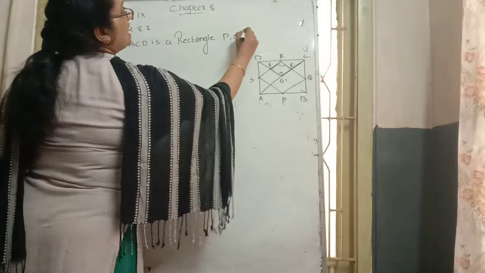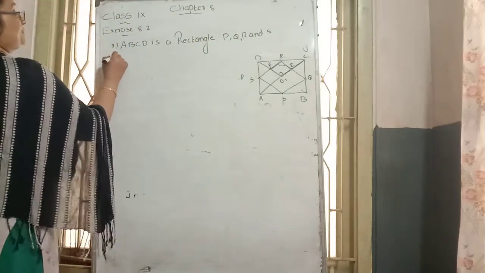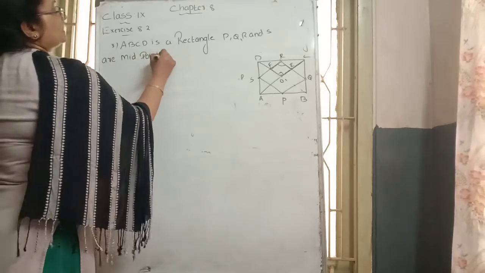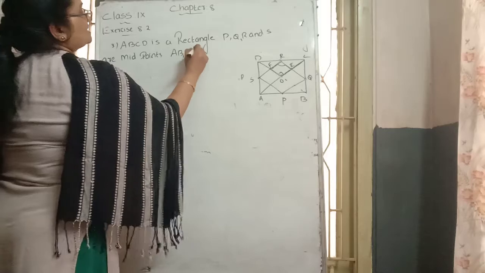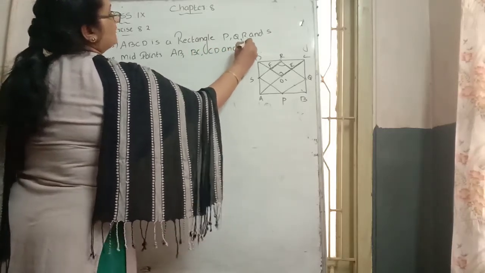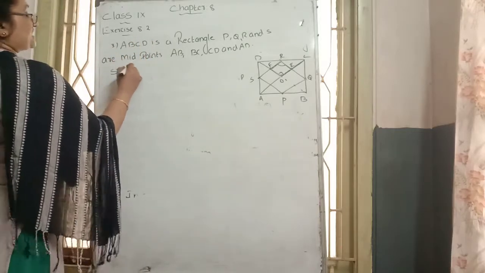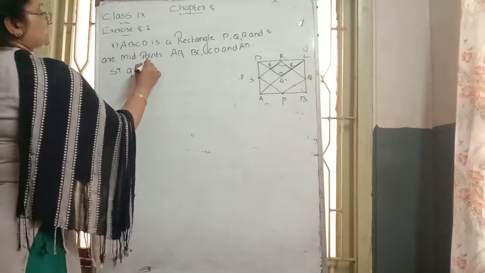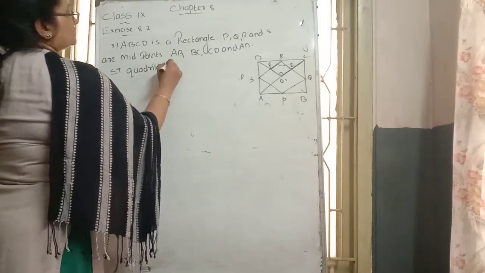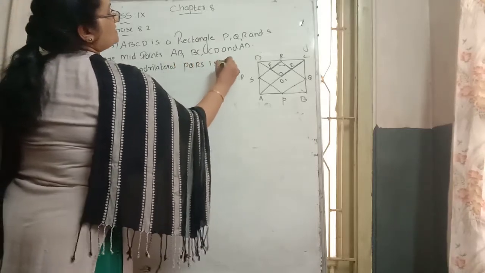P, Q, R and S are the midpoints of which sides? The AB side, BC side, CD side and AD side. They gave it like that. Here we want to show that the inside quadrilateral PQRS is a rhombus.